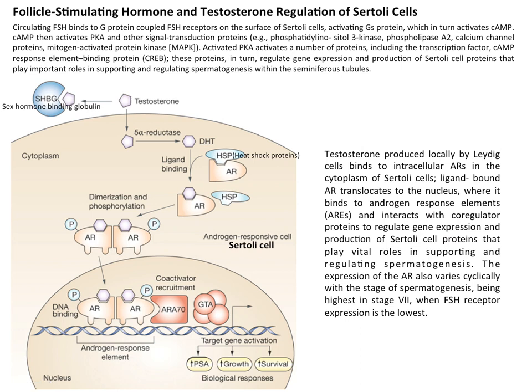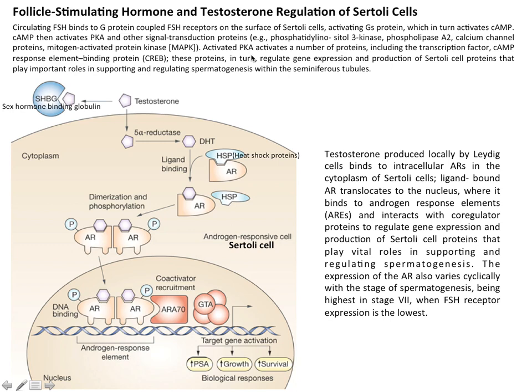On the other hand, the follicle stimulating hormone can regulate the Sertoli cell. So the FSH comes to the Sertoli cell because the receptor for FSH is present on the cell surface of the Sertoli cell, and these receptors are G protein coupled receptors. Once FSH binds to the G protein coupled receptor on the Sertoli cell, it activates cyclic AMP, and this cyclic AMP then activates protein kinase A and other signal transduction proteins.